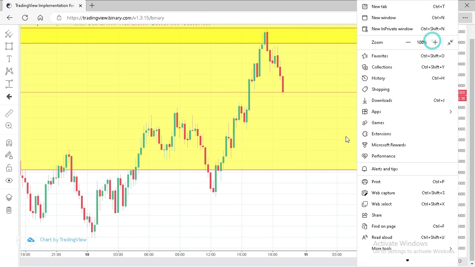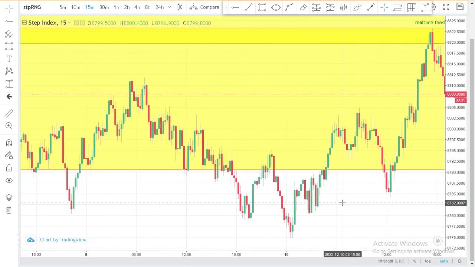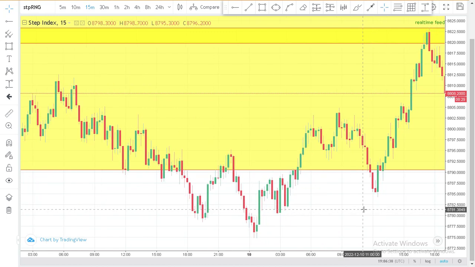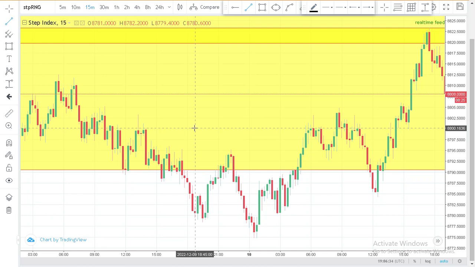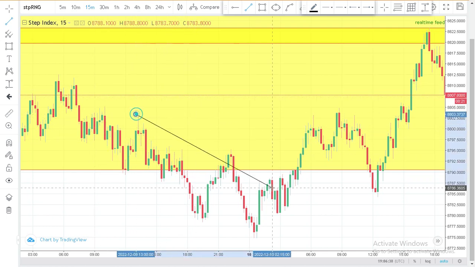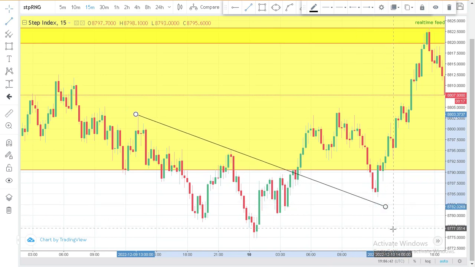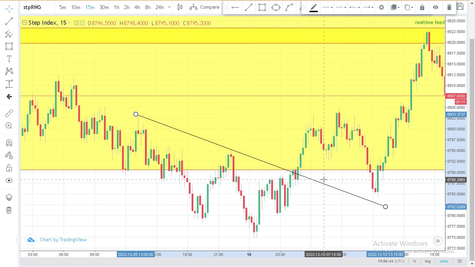Let me put it back to where it was. So as you can see, as I said, I don't like trading using trend lines for entries, but I normally put them to find zones.